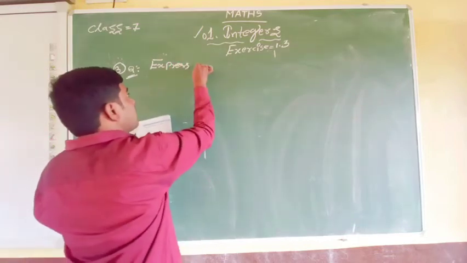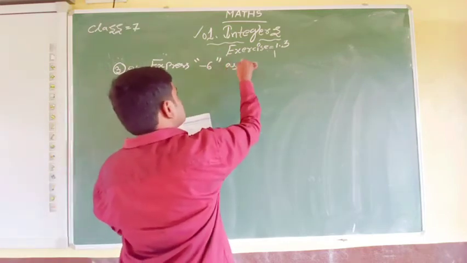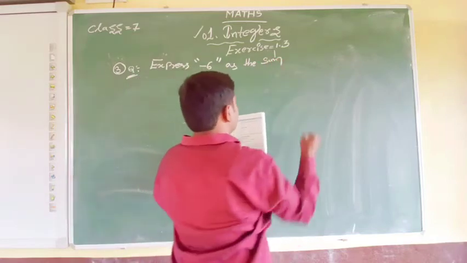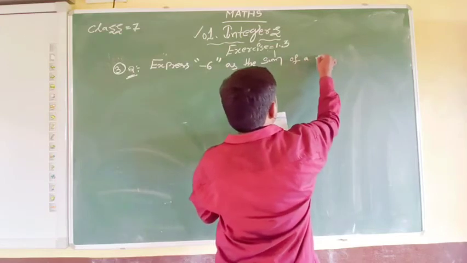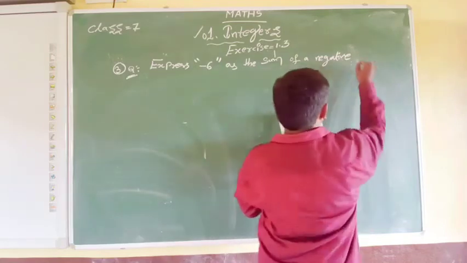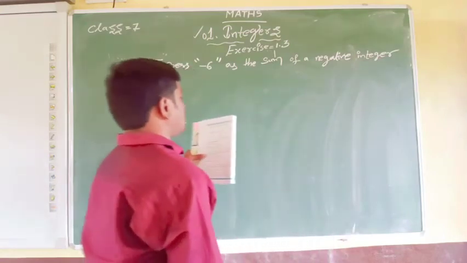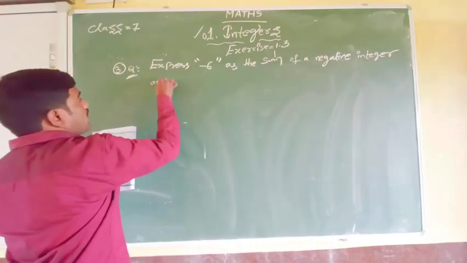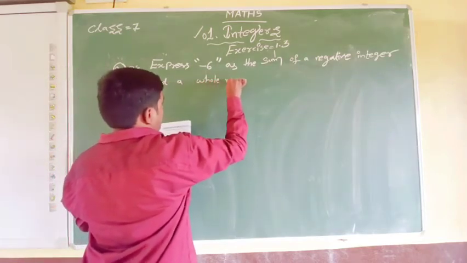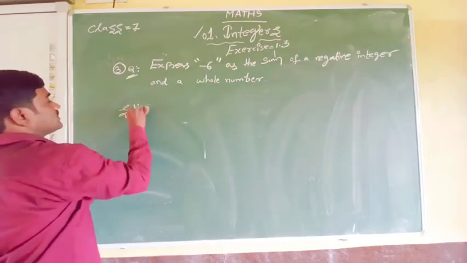Express minus 6 as the sum of a negative integer and a whole number. Very simple. Let us see.